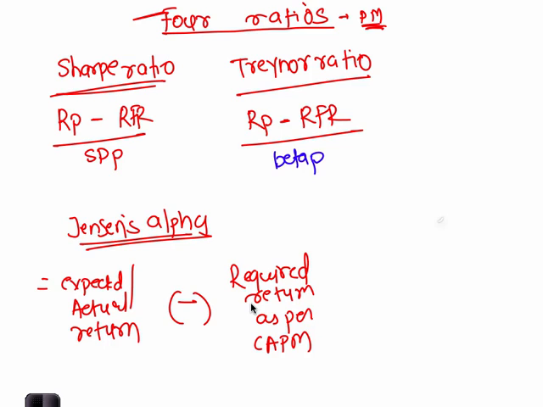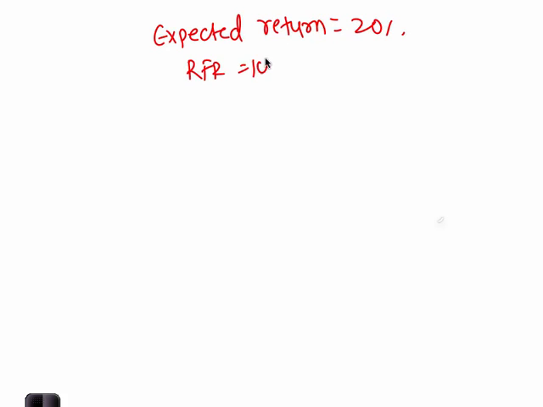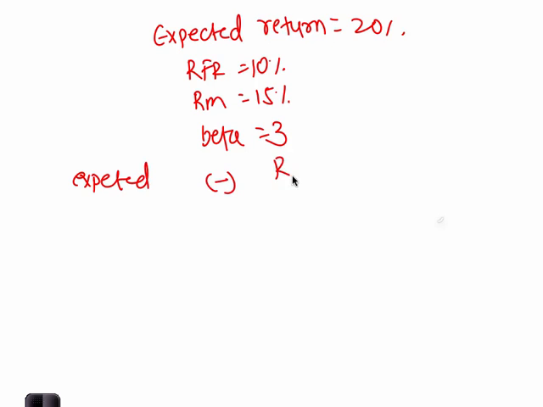So let's do an example on alpha. Expected or actual return minus required return as per CAPM. Let us say that the expected return on a stock is 20%, risk-free rate of return 10%, return on market 15%, and beta is 3. Then you will say expected return minus required return.